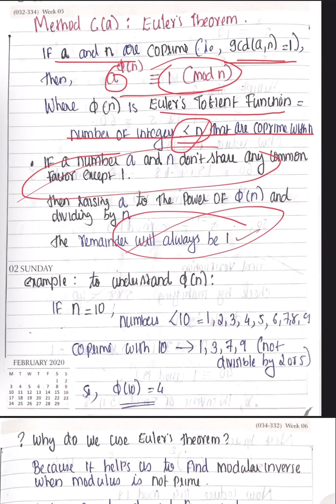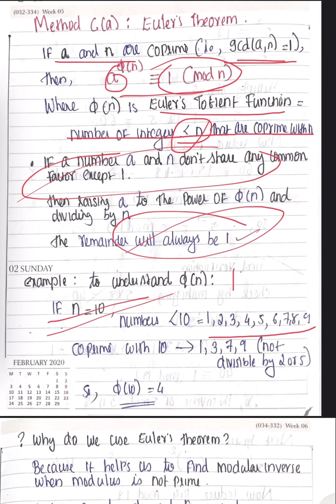Here, N is 10. The numbers less than 10 are 1, 2, 3, 4, 5, 6, 7, 8, 9. Then, coprime with 10. What do we mean by coprime?